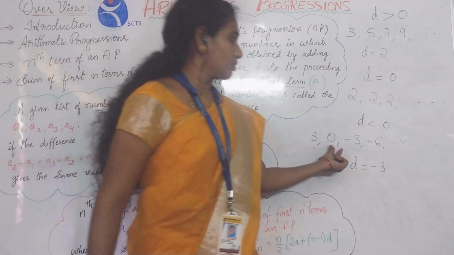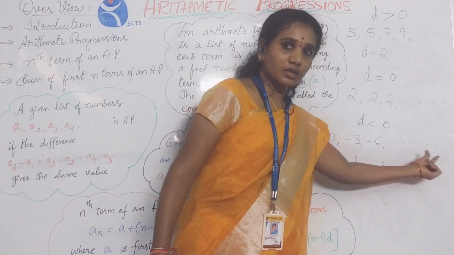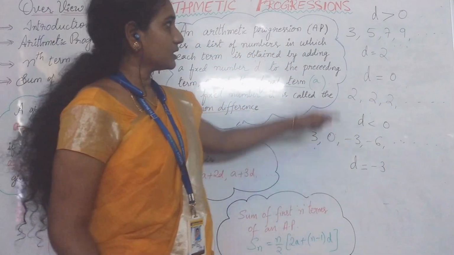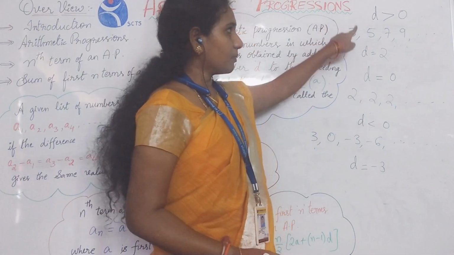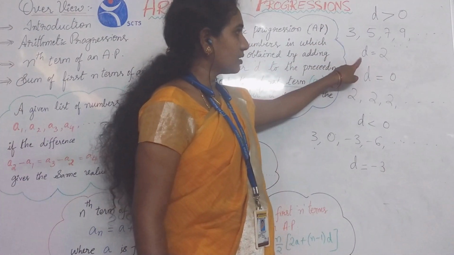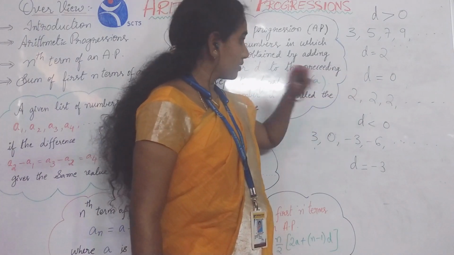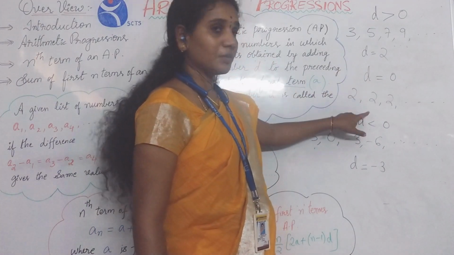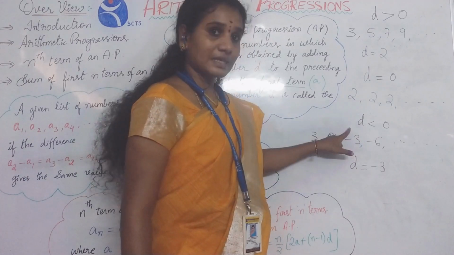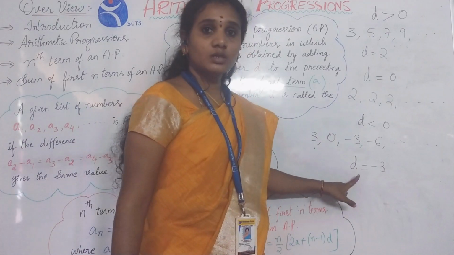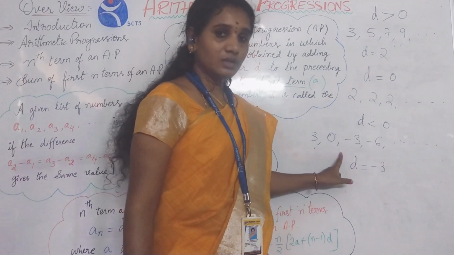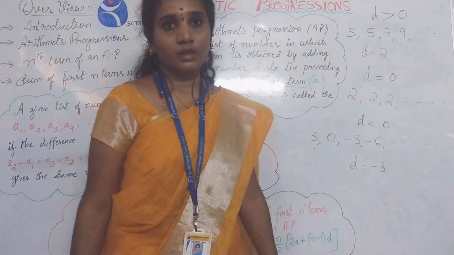That is the reason this AP is decreasing. So if d is greater than 0, the AP is increasing. If d is equal to 0, then the AP is a constant, and if d is less than 0, the AP is a decreasing AP.